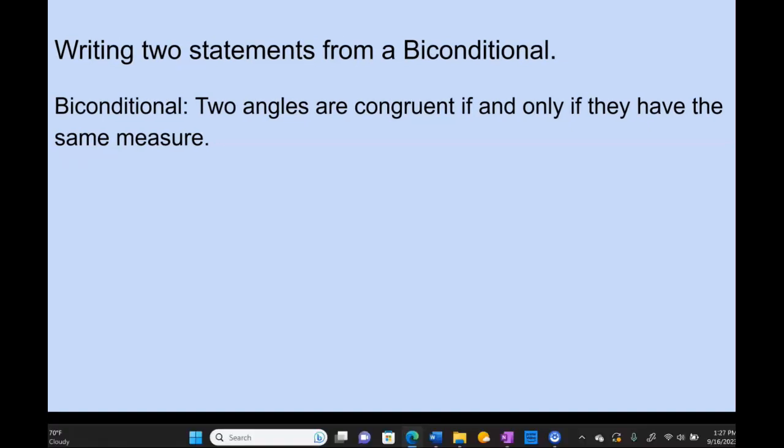All right, so we have to create two statements from this. And if you can remember how we combined the two statements for the biconditional, you can deconstruct it in the same way. So remember, the hypothesis of the biconditional was the hypothesis of the converse, and the conclusion of the biconditional was the hypothesis of the conditional.